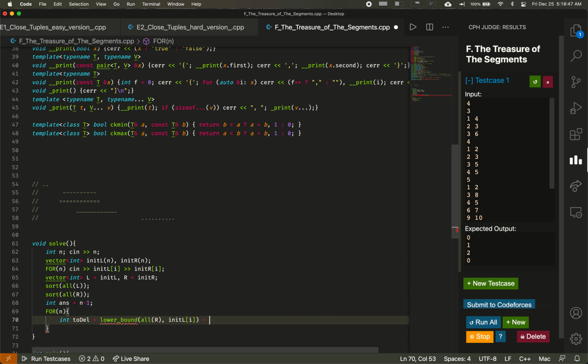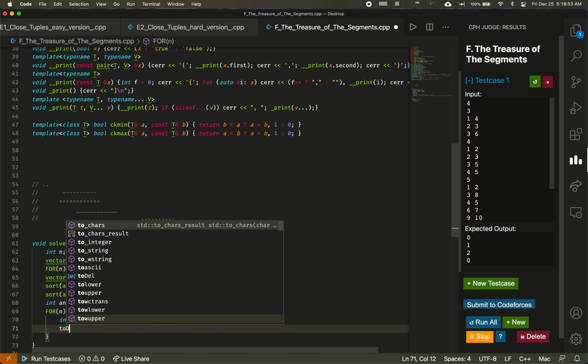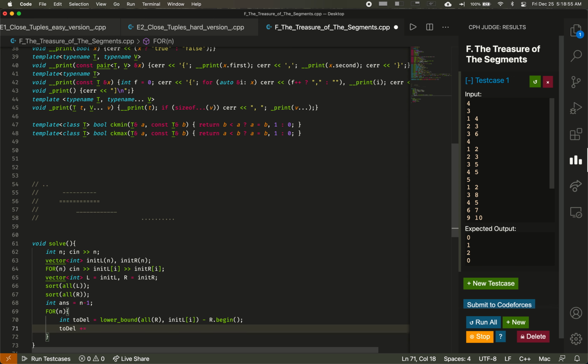Then we want the other case again, and then to delete plus equals n minus.